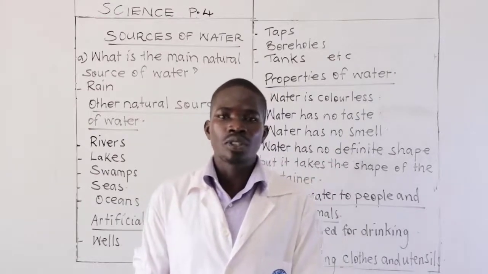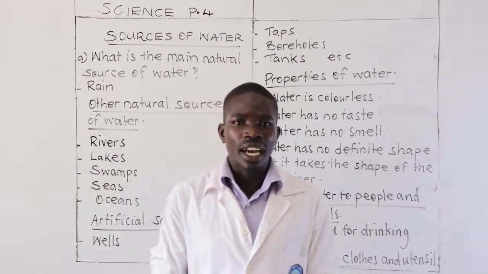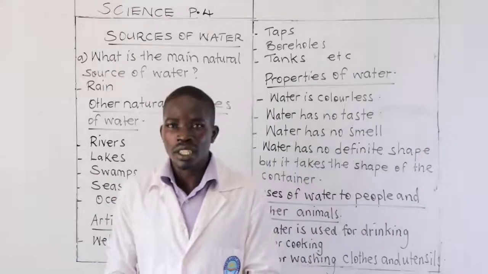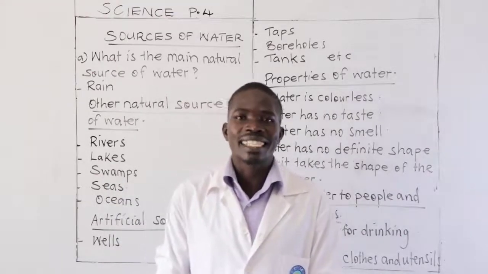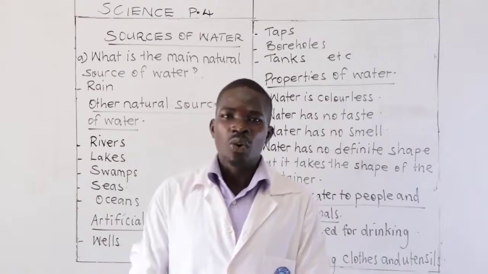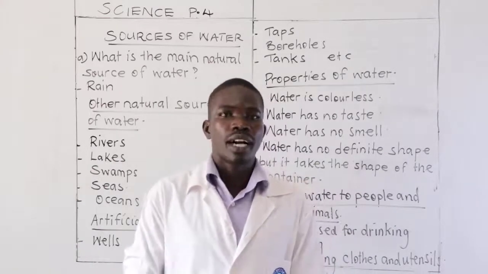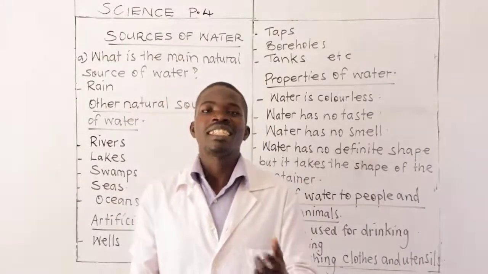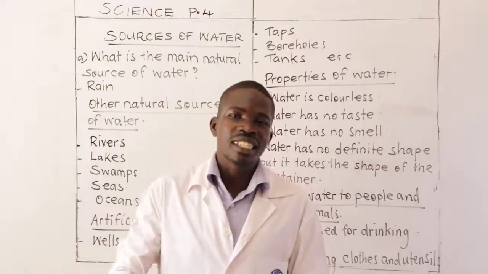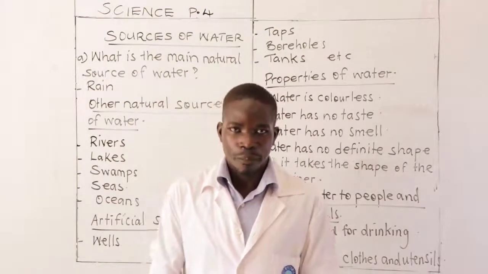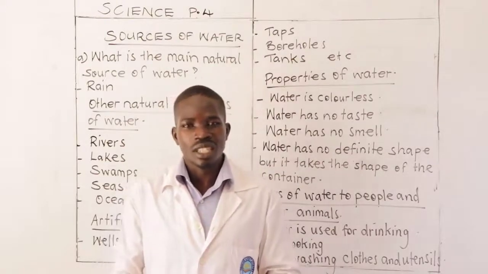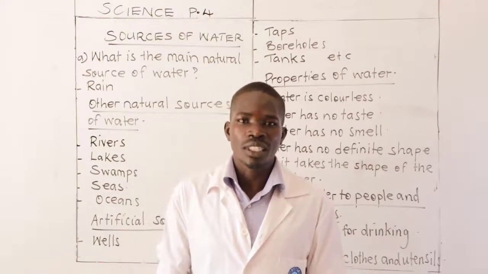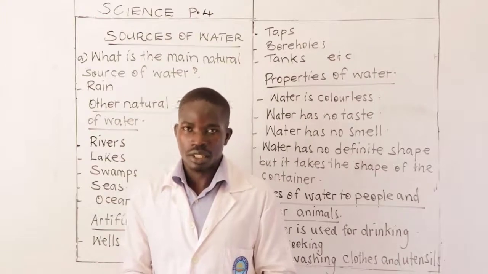Germination is the development of a seed into a seedling, or the process by which seeds grow into seedlings. But the seeds need water because water softens the seed coats during germination.